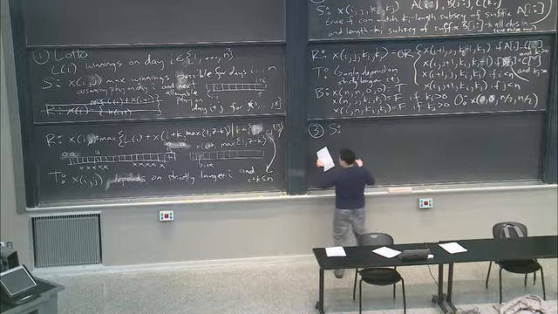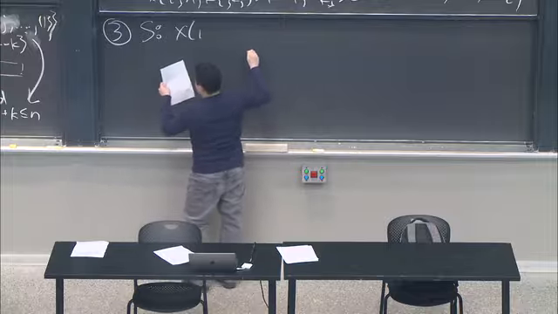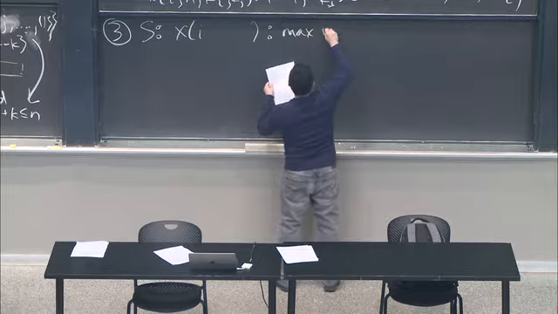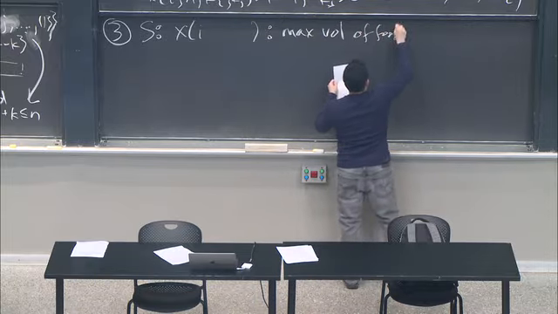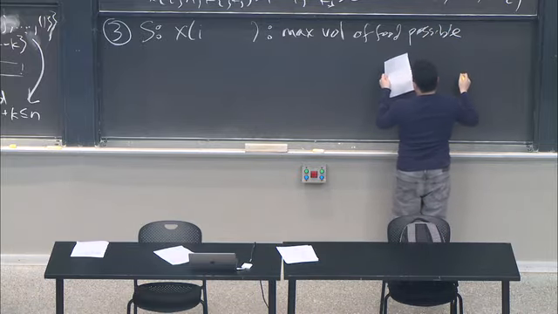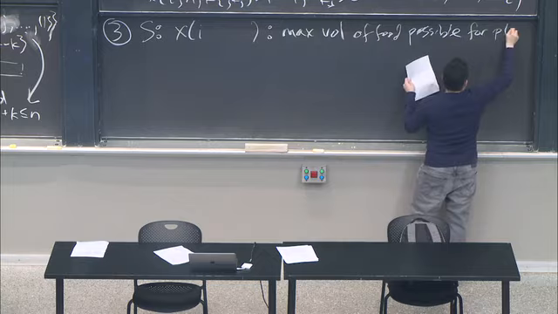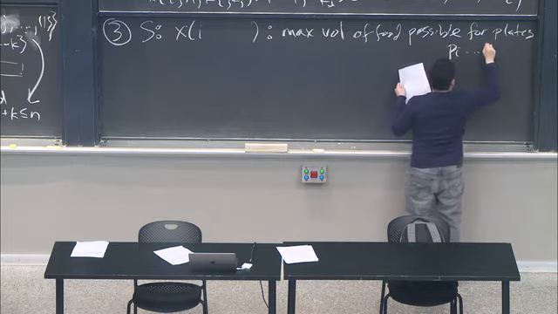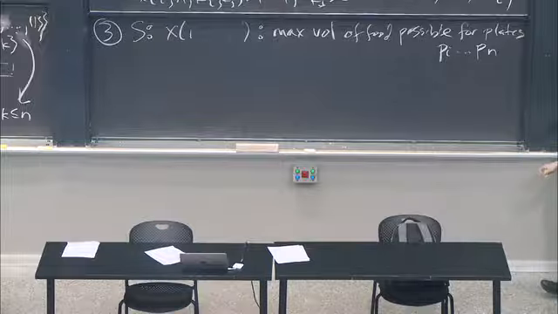I'm going to choose suffixes here. I and some other stuff is going to be the max volume of food possible for plates p_i to p_n. I'm going to assume one-indexed here because why not?